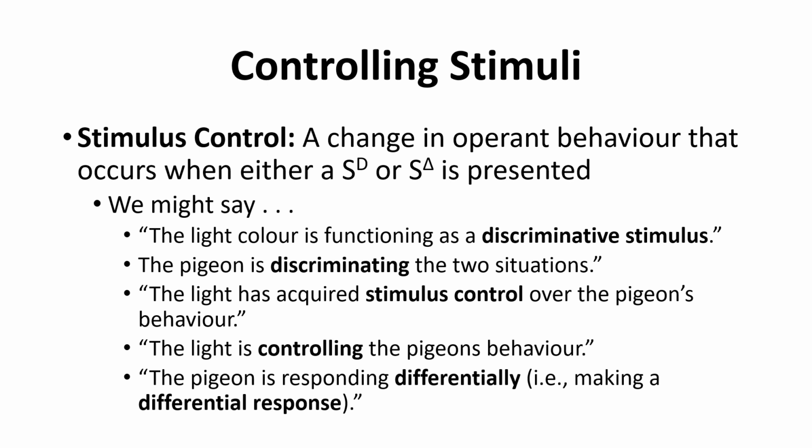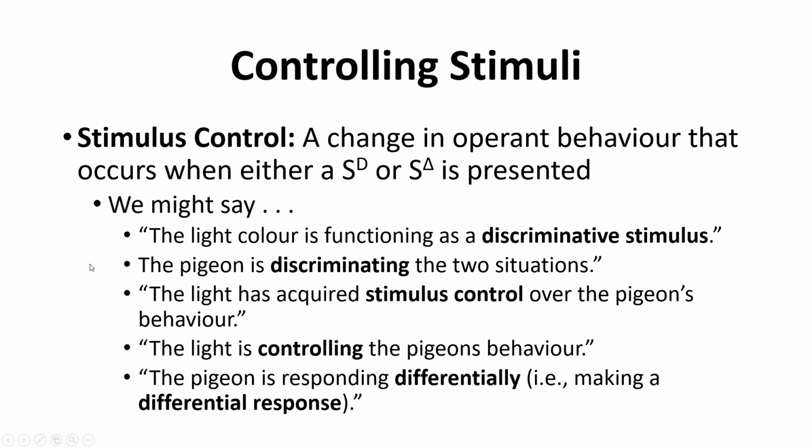And we can use the terminology of stimulus control to describe a change in operant behavior that occurs when either an SD or an S delta is presented. So for a bunch of examples of all of the proper ways to use these terms, we have the light color is functioning as a discriminative stimulus for the pigeons.